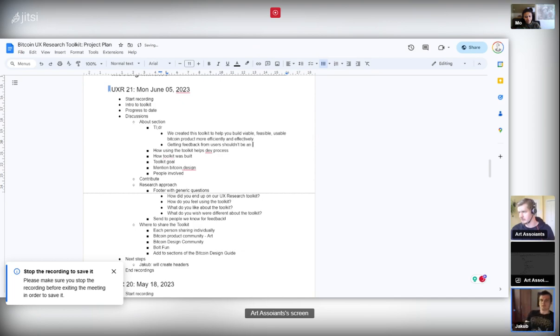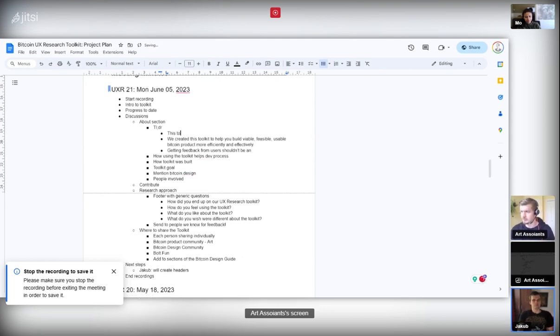Maybe something also for who it is. So it's for people who are knowledgeable of Bitcoin but are not knowledgeable about UX research, or maybe also designers or product builders or researchers who are coming to the Bitcoin space.